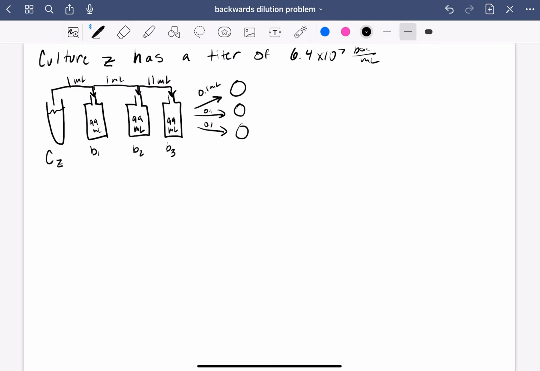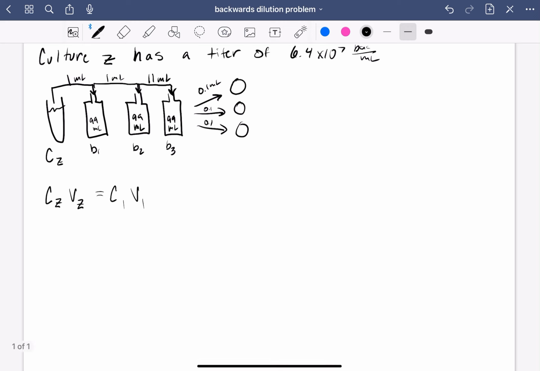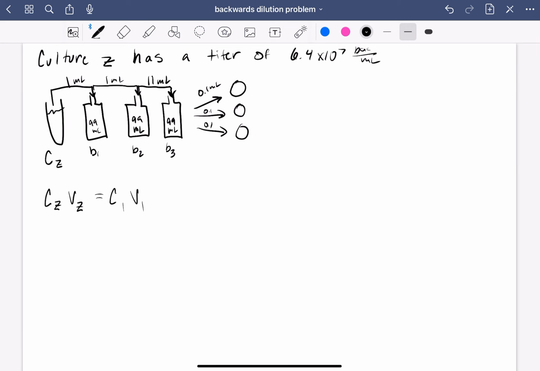So then we will kind of do the opposite of what we usually do for these. I'm going to start by doing CZ VZ, that's just our culture, equals C1V1. To set this up, we know the concentration of CZ because it's given in the problem, so we're going to do 6.4 times 10 to the 7th bacteria per mil.